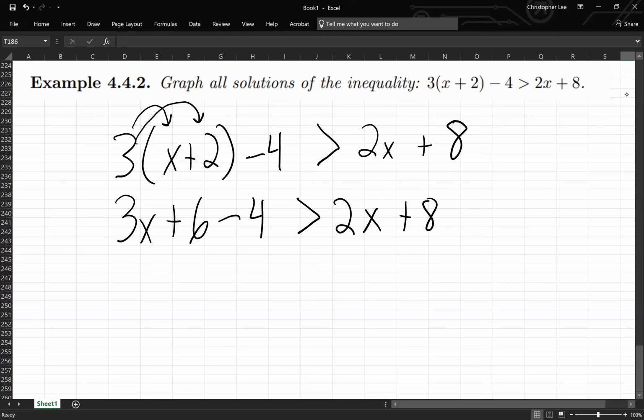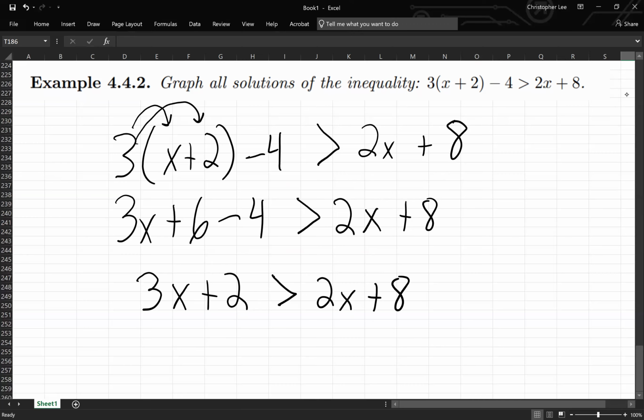Next, you want to combine like terms, a fancy way of saying add. So what's 6 minus 4? 2, right? So now I have 3x plus 2 is greater than 2x plus 8.